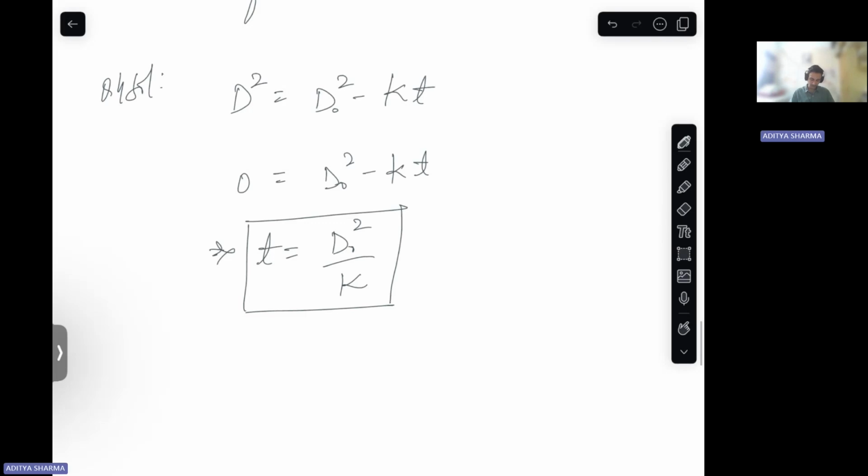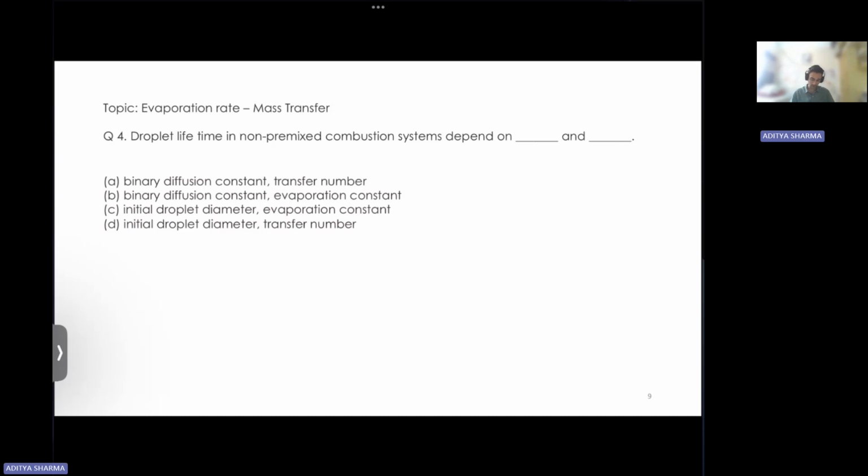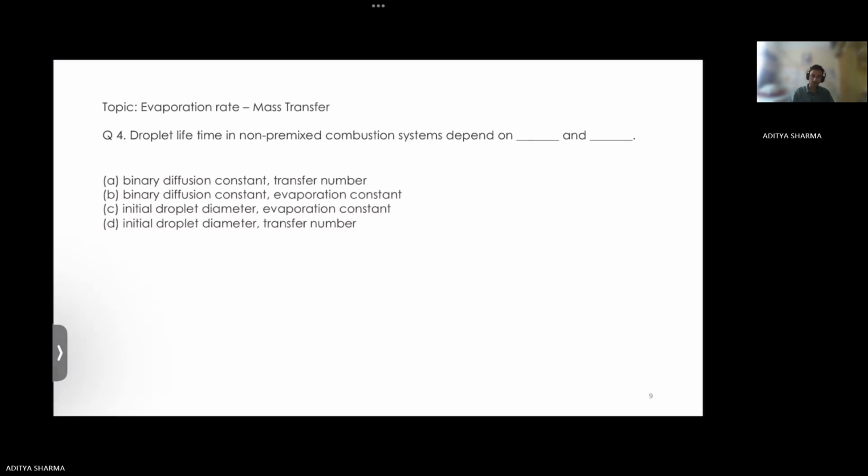So if you see this, first is your initial droplet diameter and then is your evaporation constant. These two parameters are needed. So here in the four options, if you see, C option has the initial droplet diameter and the evaporation constant.